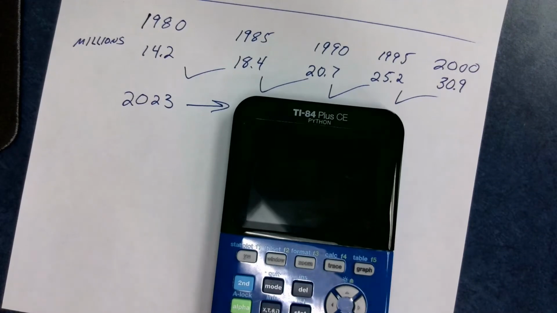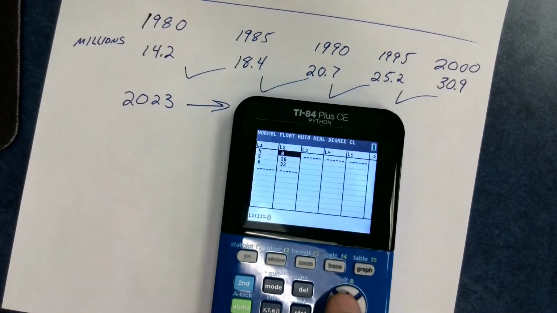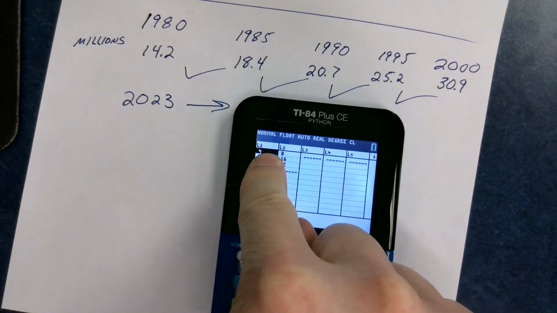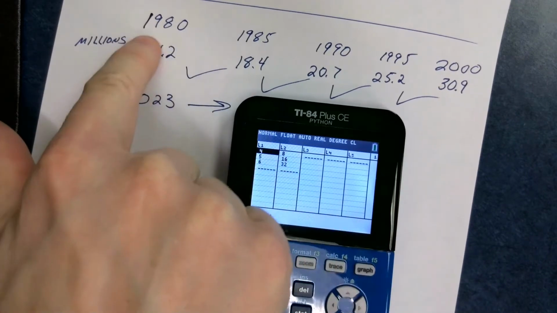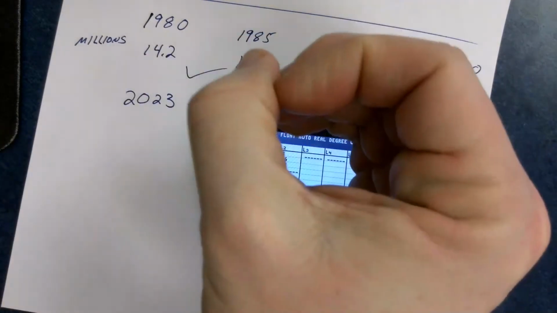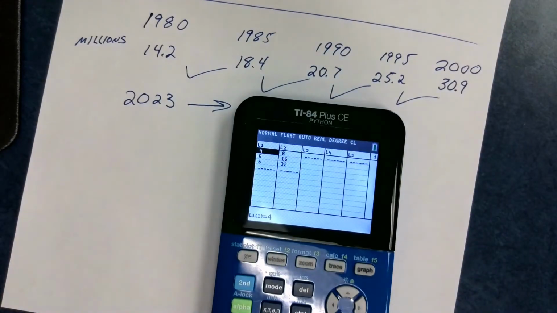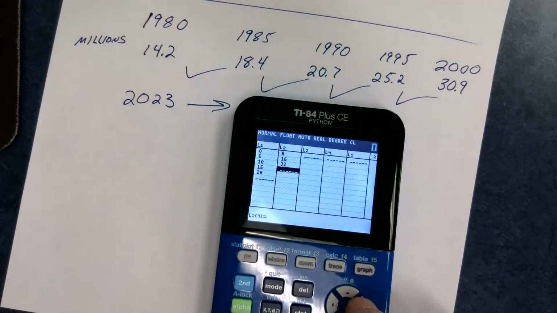So I'm going to go to stat edit here. Now, one of the things that we don't want to do necessarily is we don't want to use 1980 in the L1 column. So we're going to call 1980 year 0. So if 1980 is year 0, then 1985 is year 5, 1990 is year 10, 1995 is year 15, or 2000 is year 20, because that's how many years are after those time periods.